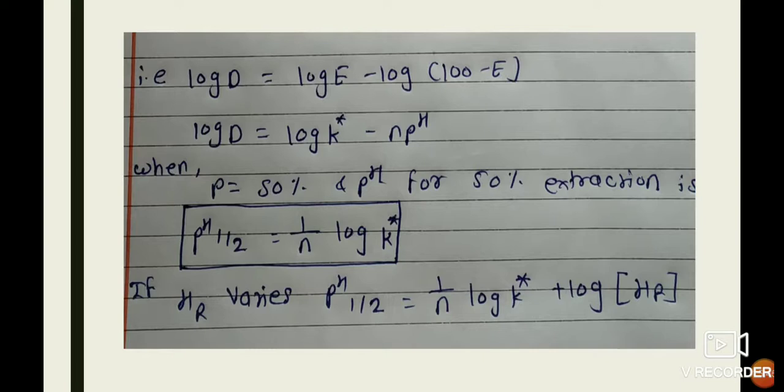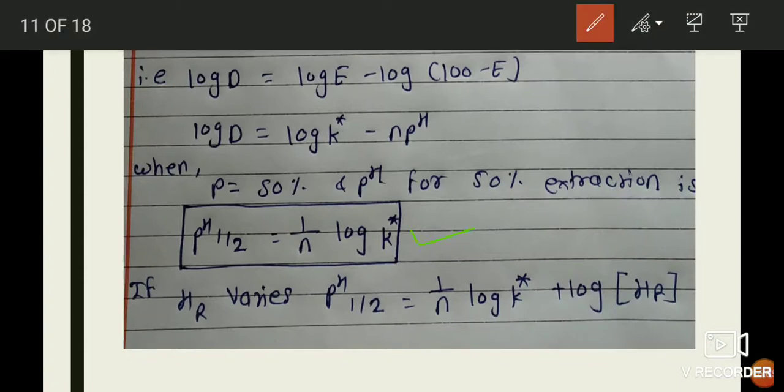When E is equal to 50%, that is, 50% of the concentration is in the two phases, organic or aqueous, the pH is also at 50% extraction. Then the final equation we get is pH half is equal to 1 by n log K star.